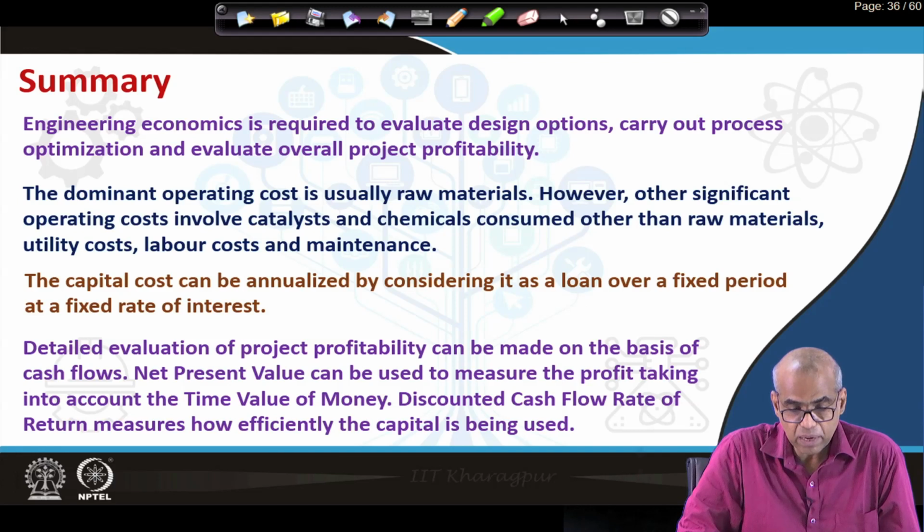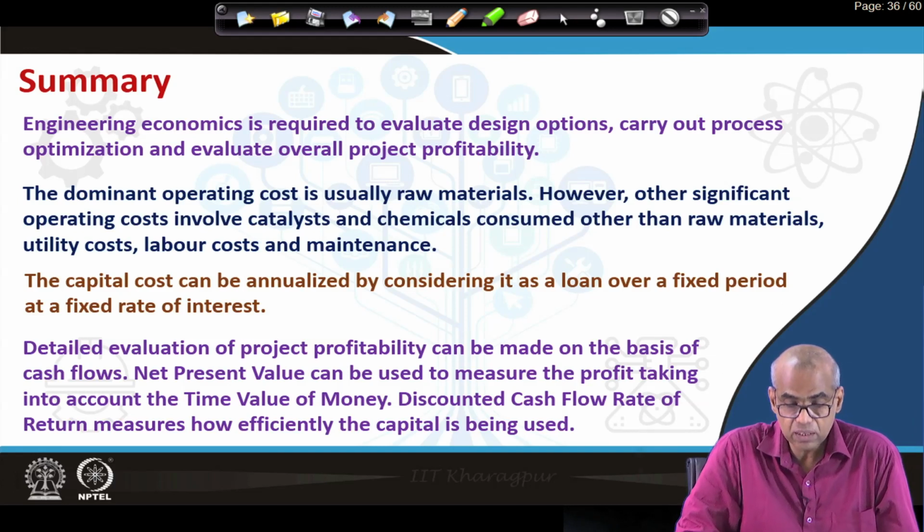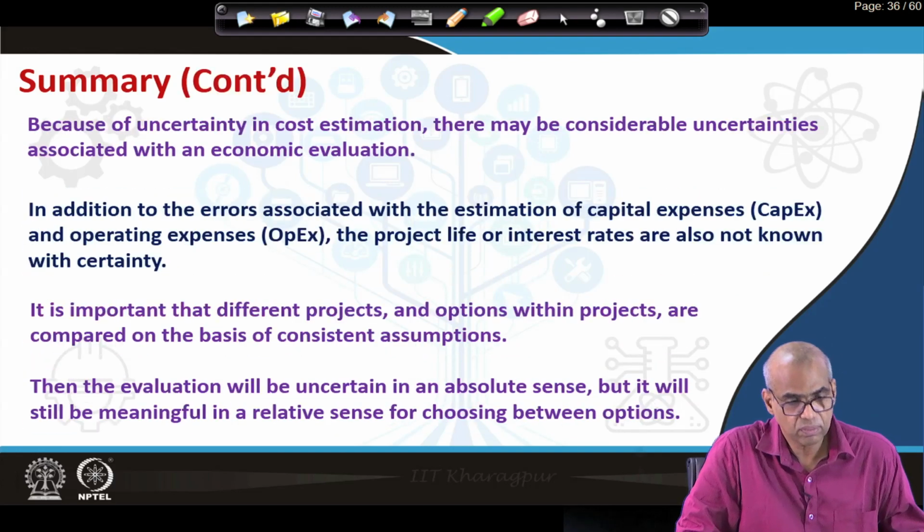The capital cost can be analyzed by considering it as a loan over a fixed period at a fixed rate of interest. Detailed evaluation of project profitability can be made on the basis of cash flows. Net present value can be used to measure the profit taking into account the time value of money. Discounted cash flow rate of return measures how efficiently the capital is being used.